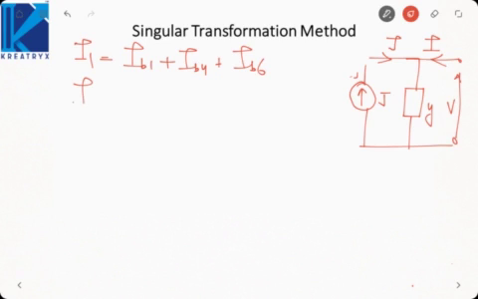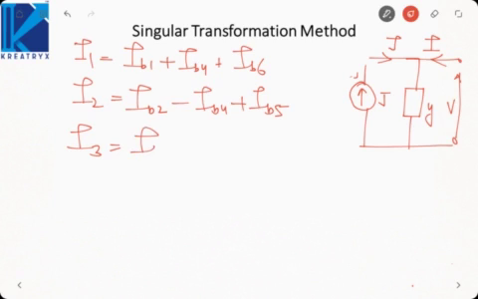Then what is the bus current at 2? In 2, the branch 4 was incoming, 2 was outgoing and 5 was also outgoing. So IB2 minus IB4 plus IB5. In bus number 3, 5 and 6 were incoming, 3 was outgoing.